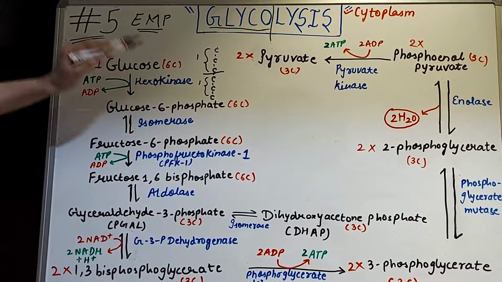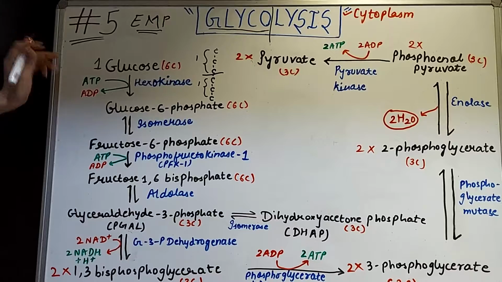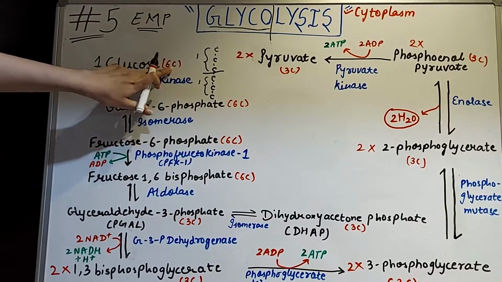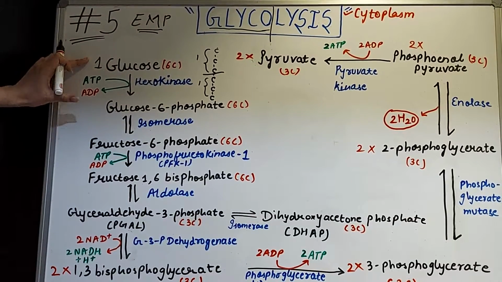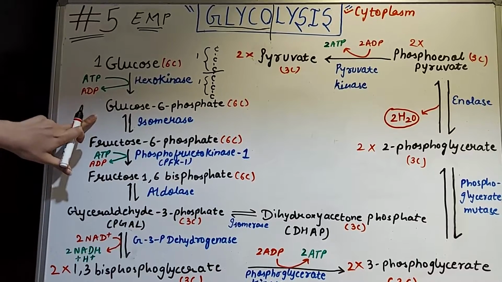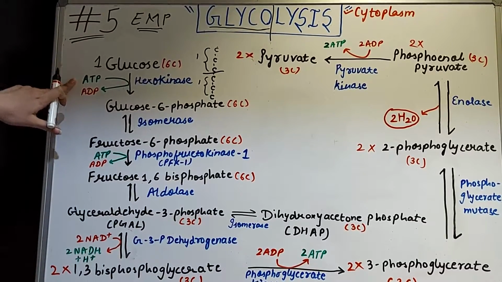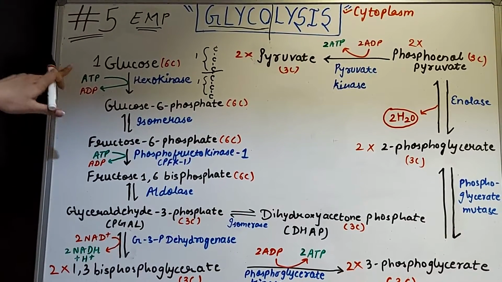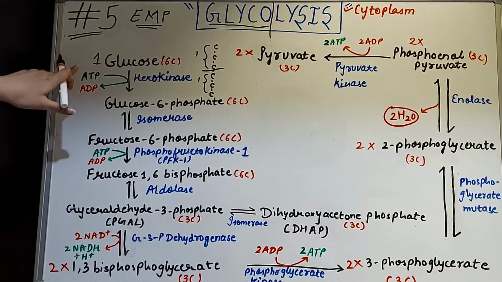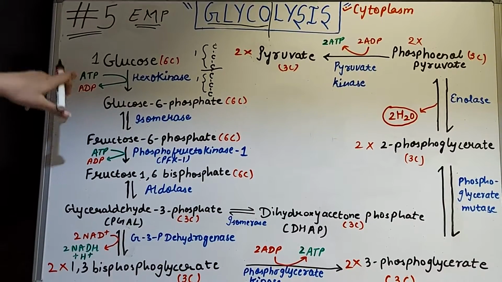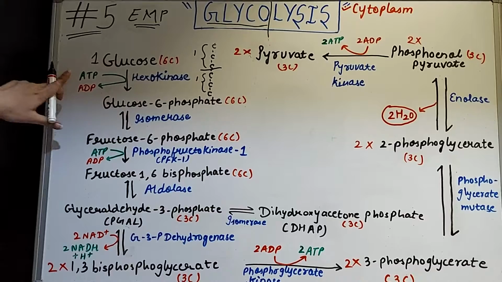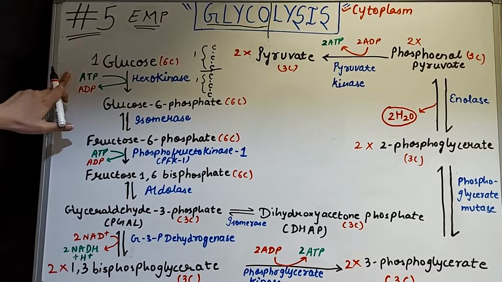So hexokinase adds the phosphate group at the 6th carbon of glucose, which gives rise to glucose 6 phosphate. Note here that one ATP molecule, that is adenosine triphosphate, is converted into ADP. So here energy is utilized.